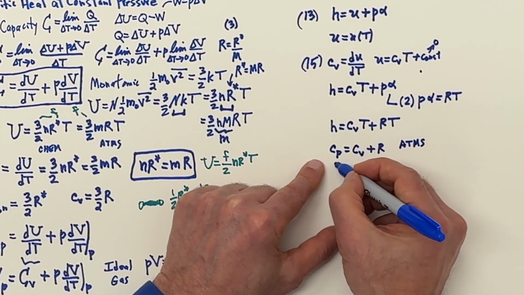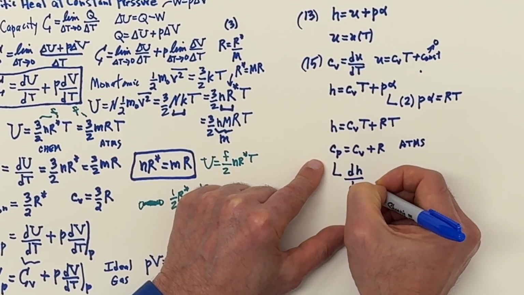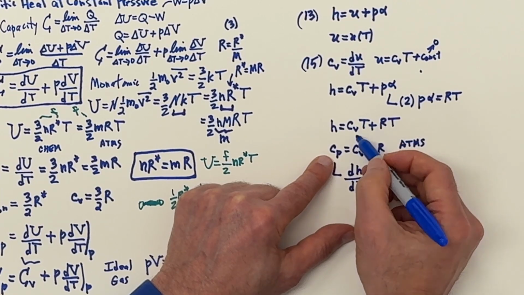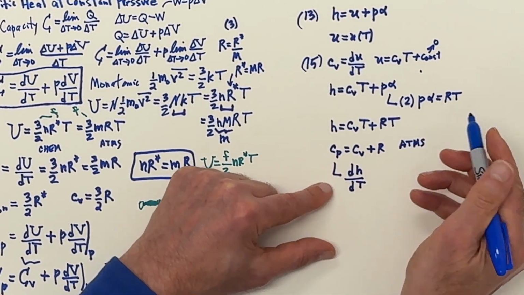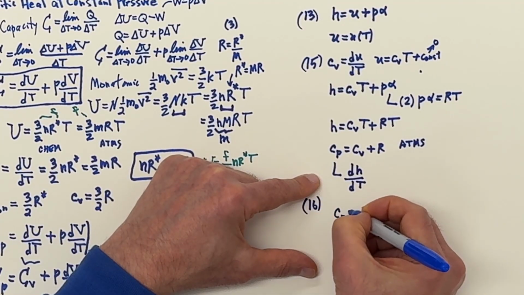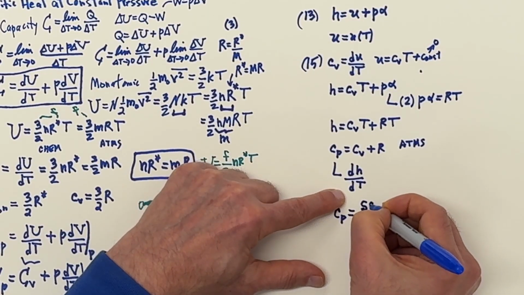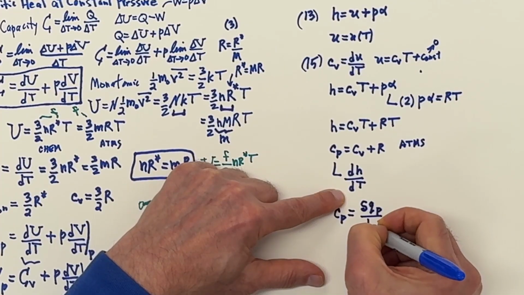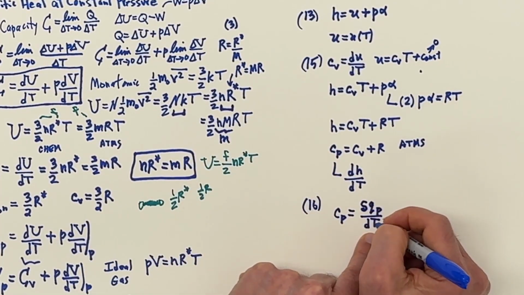That's just taking the derivative. This is taking the derivative of h with respect to T. The derivative of h with respect to T, you pull off the C_V, you pull off the R. So that brings us to our equation 16, where the specific heat at constant pressure, which can also be written as the infinitesimal heat pumped in at constant pressure over the infinitesimal change of temperature.